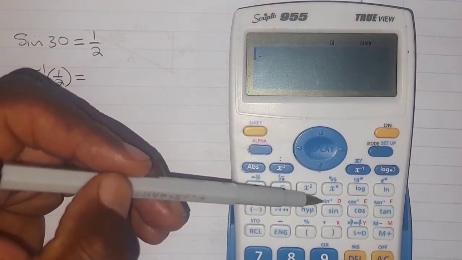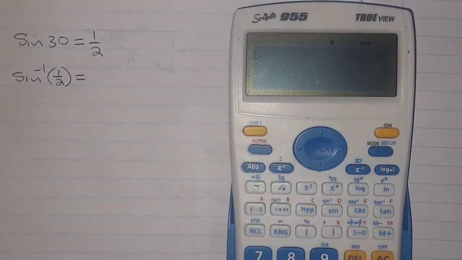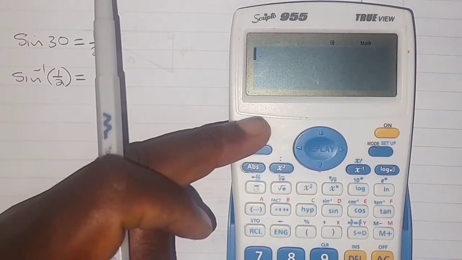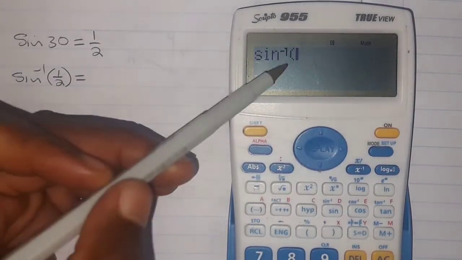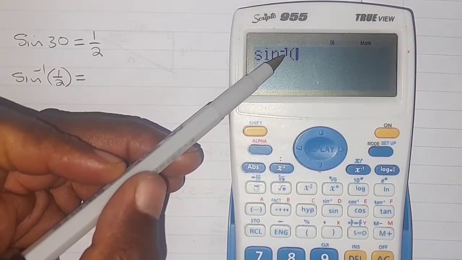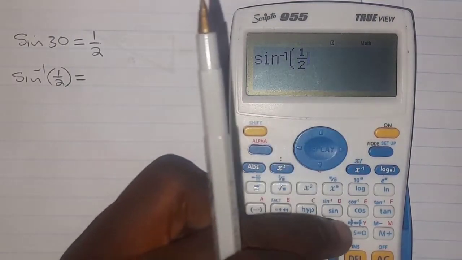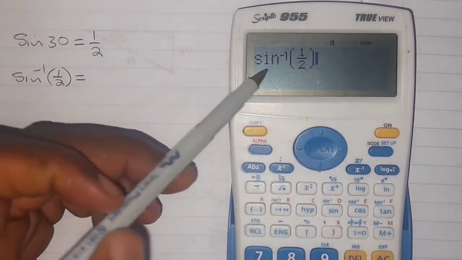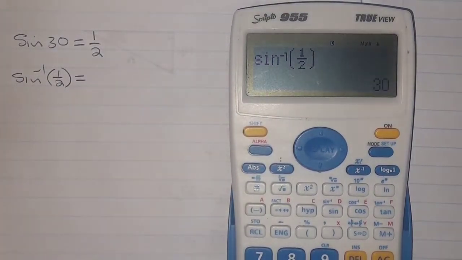On top of that sine, we are given sine with a power of -1. That is the inverse. So to get that second function, you say shift and then press sine. You see it comes with that -1. So 1 over 2. The reverse procedure is inverse of sine 1 over 2, and that's equal to 30 degrees.